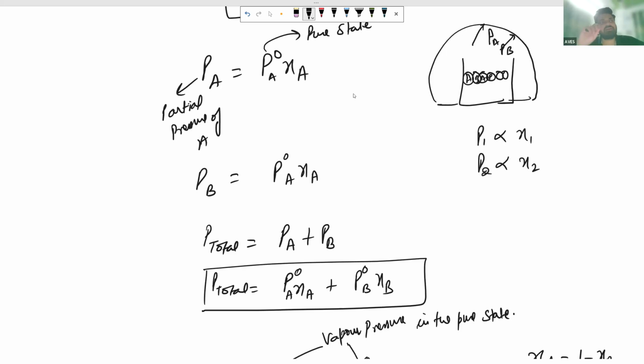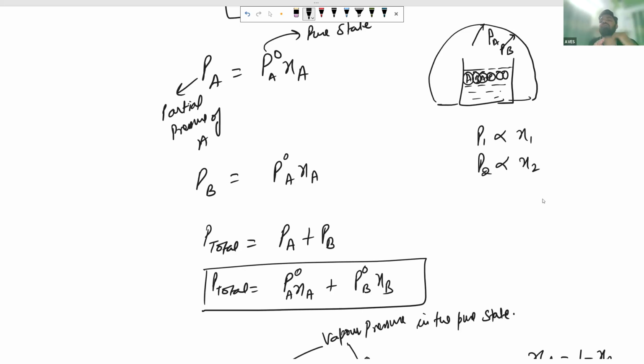Is that clear? If A particles evaporate, B will also evaporate, and both contribute to exerting the pressure. So both will have some pressure, which is called partial pressure. The partial pressure of A in the vapor phase is directly proportional to its mole fraction in the liquid.